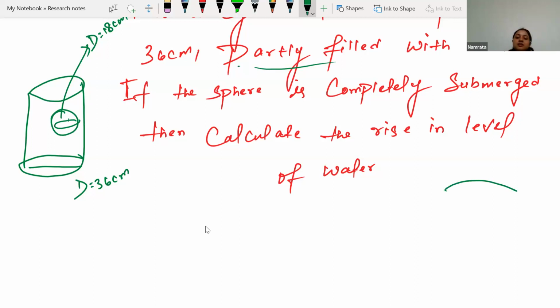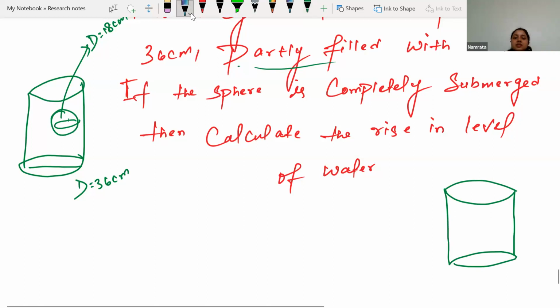So you can understand this one like this. Suppose you have a cylinder. Previously the water level was, let's say, this much. Now, since you are dropping the sphere in it, the water level goes from here to here. From the blue portion, this much water level is rising.